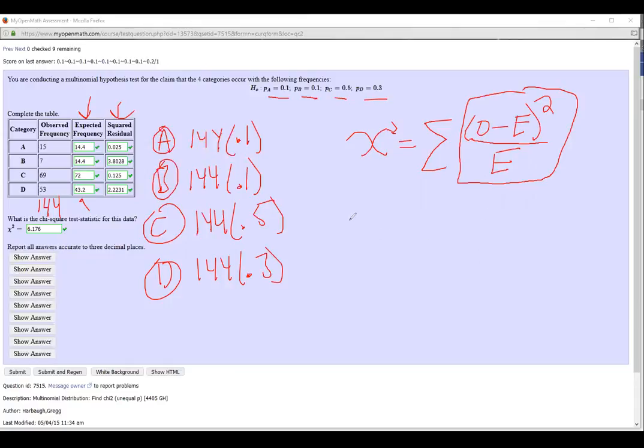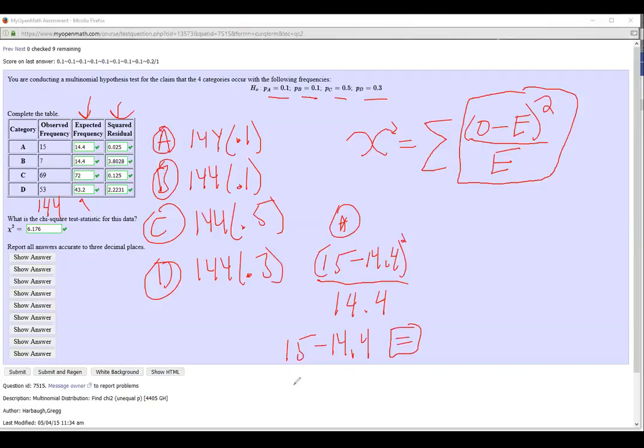So to get the squared residual for category A, I'm going to take the 15 that I observed. I'm going to subtract the 14.4 that we expected. I'm going to square that number, and then divide by the 14.4. If you don't have a scientific calculator, you're going to want to write 15 minus 14.4, then hit equals.